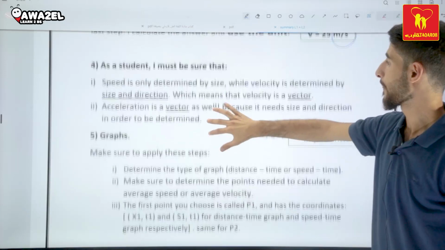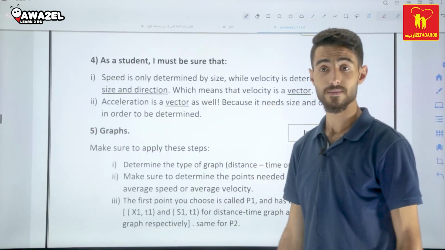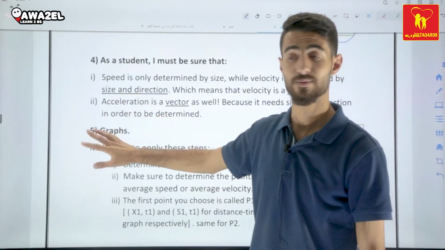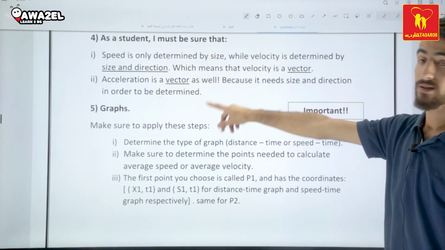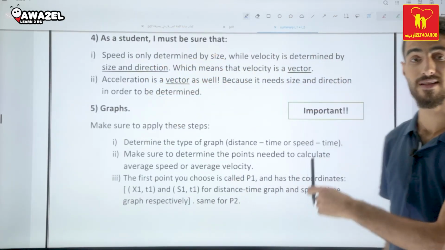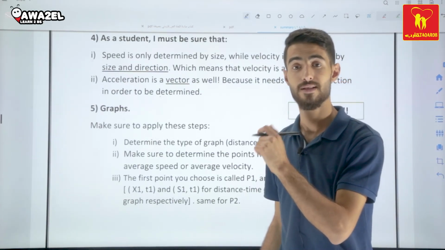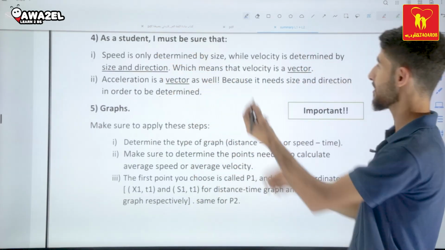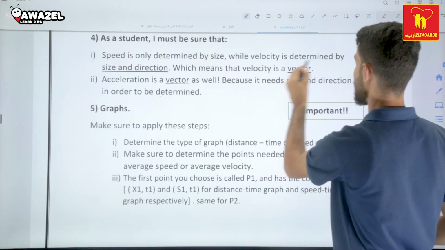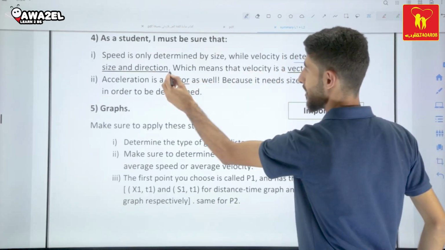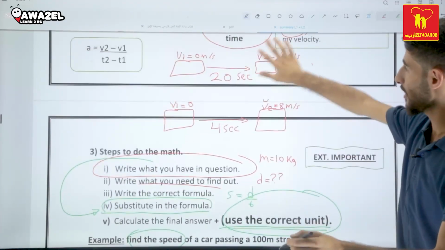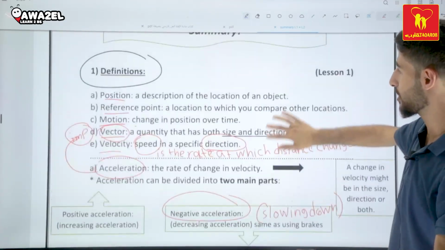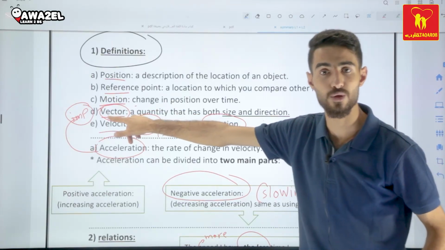As a student, there are some relations I need to know. Speed is only determined by size, which means it's a scalar quantity. Velocity is determined by size and direction, and we find it in the definitions.